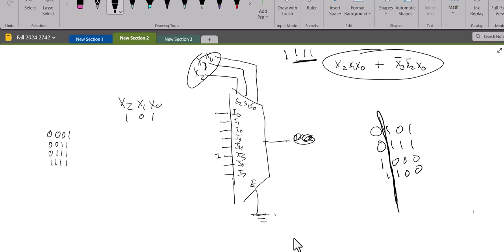And so if this is what we had, then this is the number 5, 7, 0, and 4. So we would want to have a 1 at 4, 5, and 7, and we'd want to have zeros everywhere else. And so what that would give us is it would detect for us that whenever we had this combination of bits.